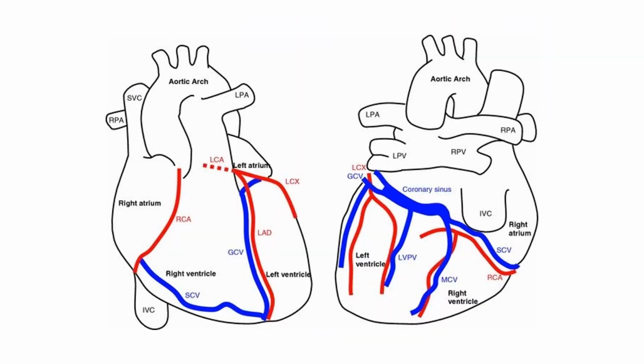Yeah, and just to remind you about the anatomy of the heart and the coronary arteries, going off from the aorta directly, you have your RCA, your right coronary artery, going down here, and it's coming out here, right?